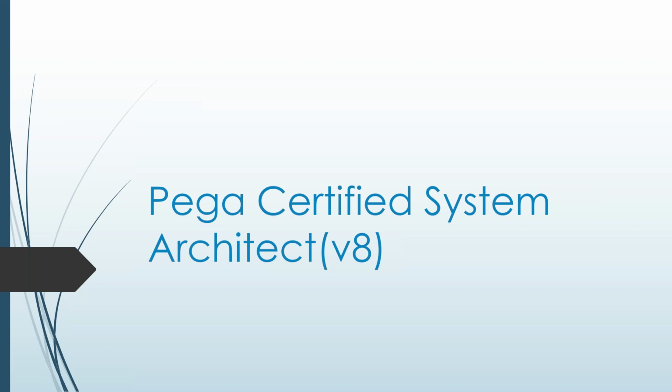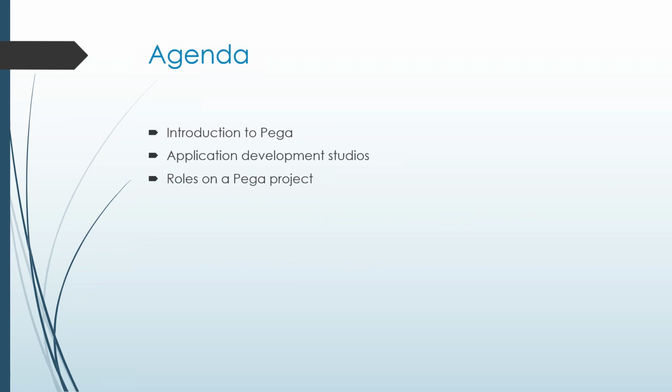After that, we have the PCSSA, Certified Senior System Architect, after which we have CLSA, Certified Lead System Architect. These are the 3 levels of certifications we have. To start with a hands-on or basic development environment, we generally go with the PCSA certification. So for today, we'll look at basic things like the introduction to Pega, the various application development studios, and the various roles on a Pega project.